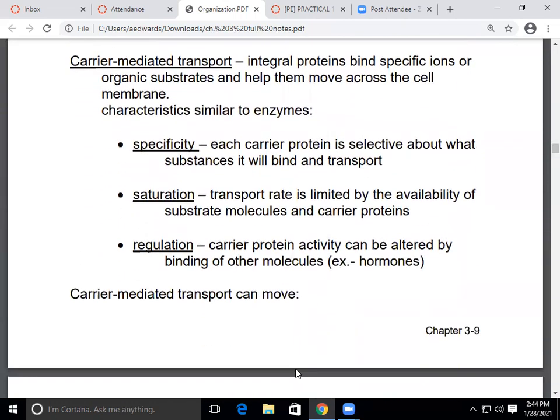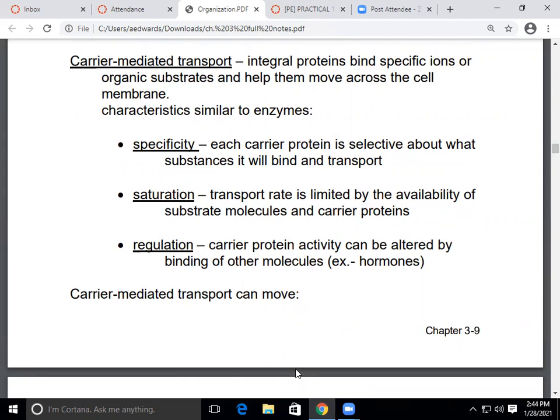Okay, so we talked about diffusion, we talked about filtration. All right, so let's talk about carrier mediated transport. So here you have integral proteins, and they're binding certain ions or substrates, okay, chemicals, and helping them get across the membrane.